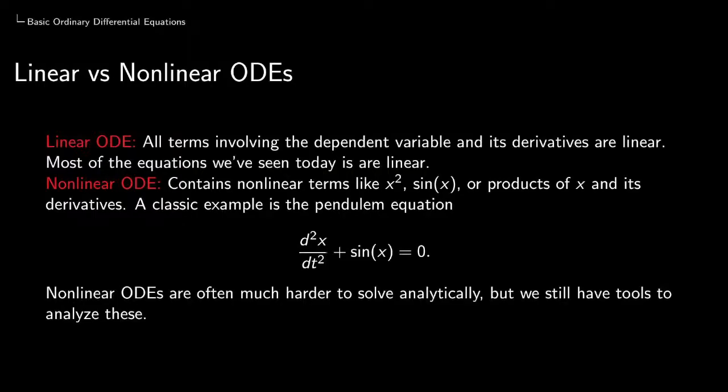The tools are often just: make it linear. If you've taken a physics class and you've seen this equation before, you probably heard your professor say something about using a small angle approximation, and that turns this into x double dot plus x equals 0, and then you treat it as a linear oscillator.